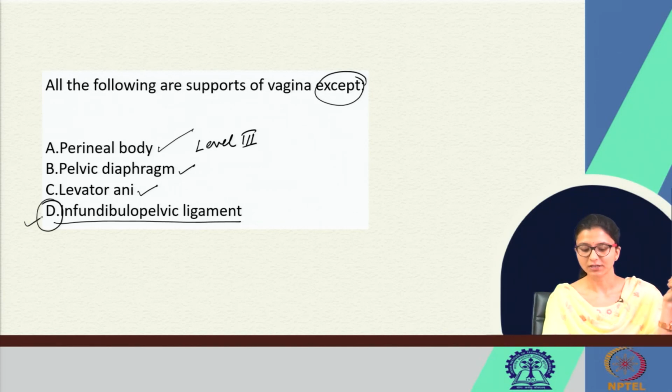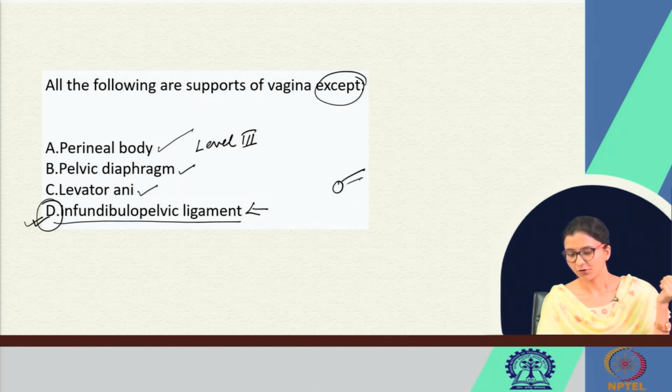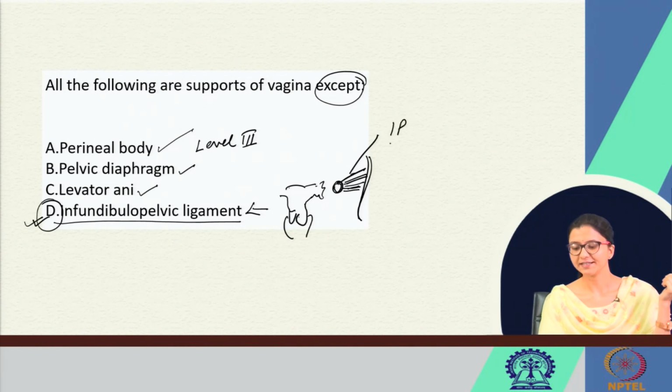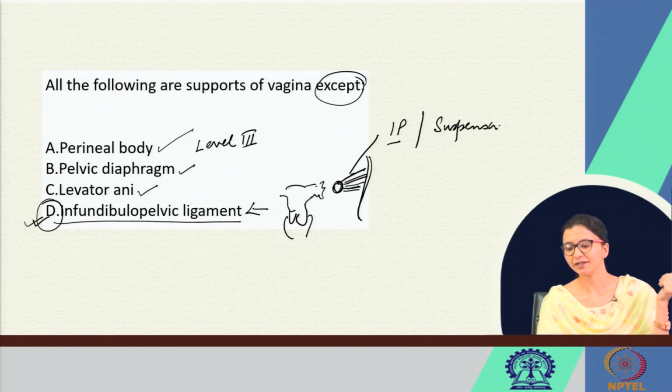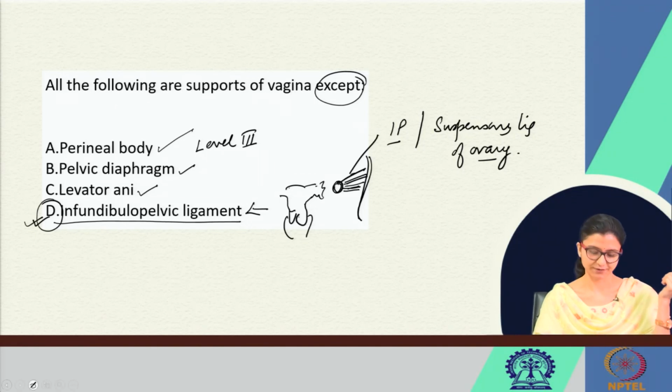Infundibulopelvic ligament, this is not a support of the vagina. The infundibulopelvic ligament is actually the ligament which supports the ovary. This is the uterus and this is the ovary, this is the lateral pelvic wall. The ovary is attached to the lateral pelvic wall by the IP ligament or infundibulopelvic ligament or suspensory ligament of the ovary. It has no relation with the vagina.